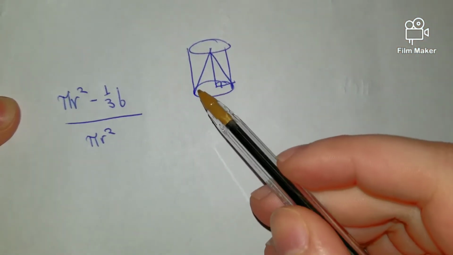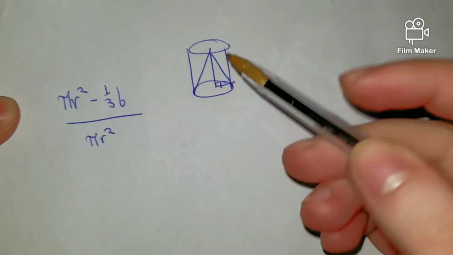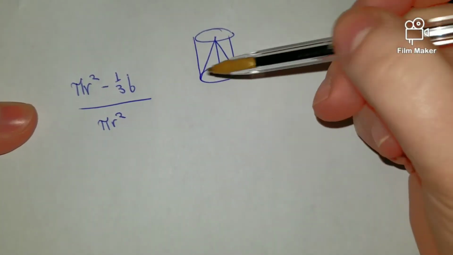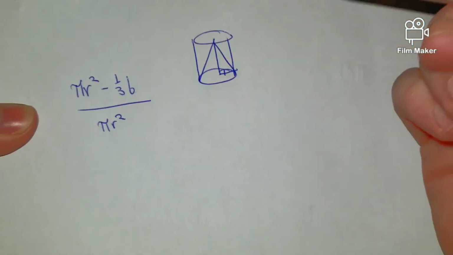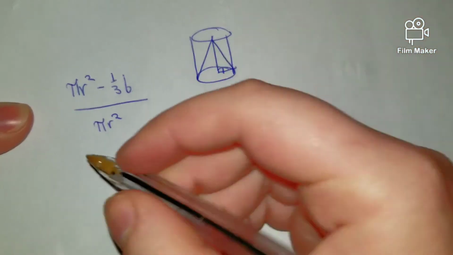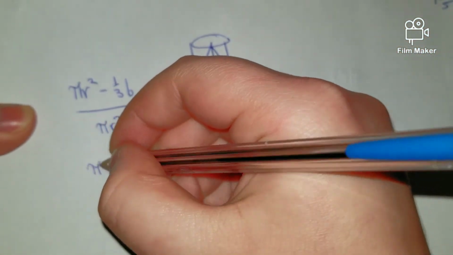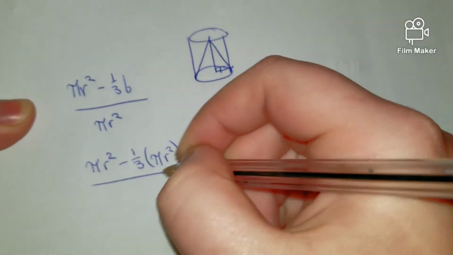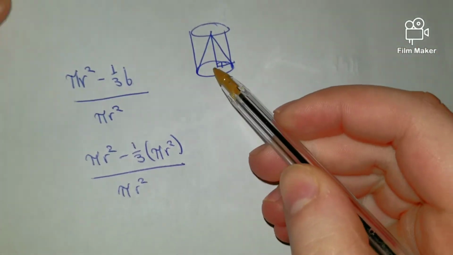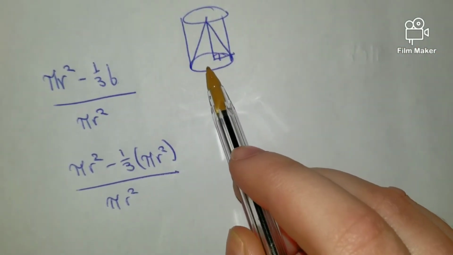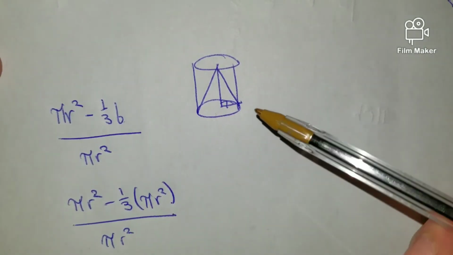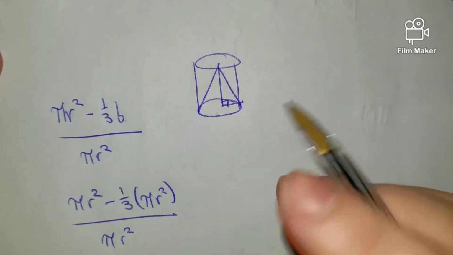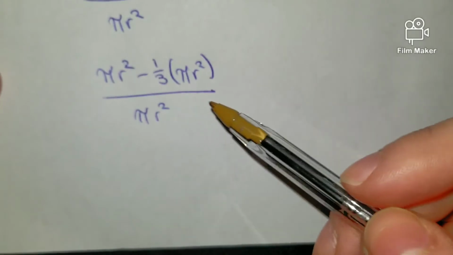Since this circle is the same base for the cylinder and for the cone, we can plug in pi r squared, because we're finding the area of the circle, which is the base, since the base of a 3D object is the area of that base.